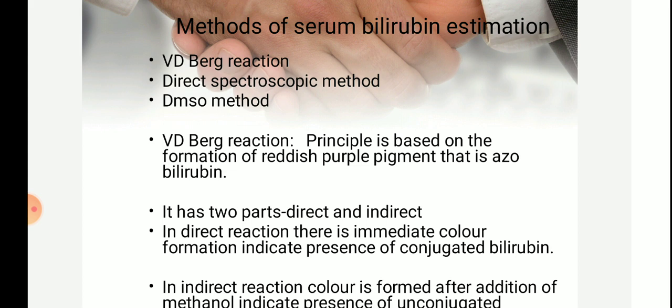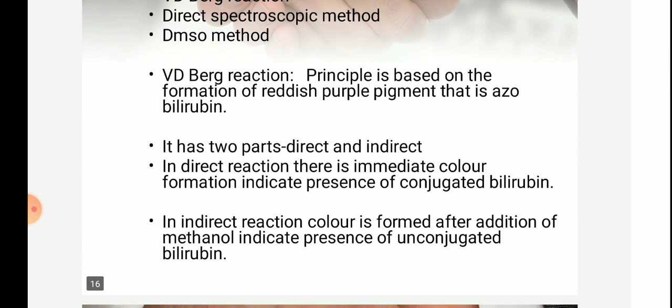The Vandenberg reaction principle is based on the formation of a reddish purple pigment from bilirubin. It has two parts, direct and indirect. In the direct reaction, there is immediate color formation, indicating presence of conjugated bilirubin. You have studied this Vandenberg reaction in first year biochemistry. In the indirect reaction, color is formed after addition of methanol, indicating presence of unconjugated bilirubin.